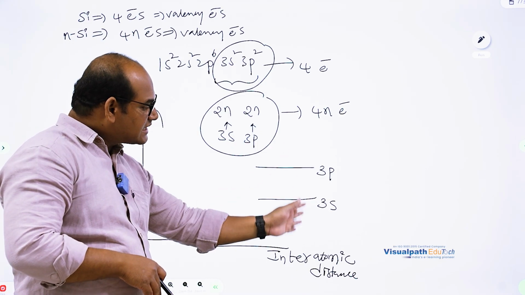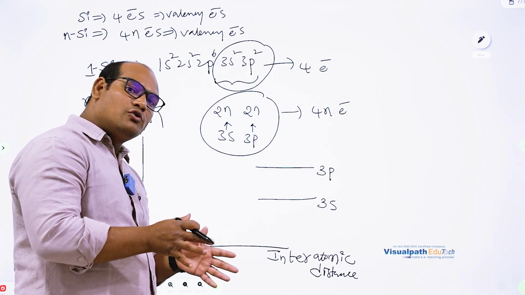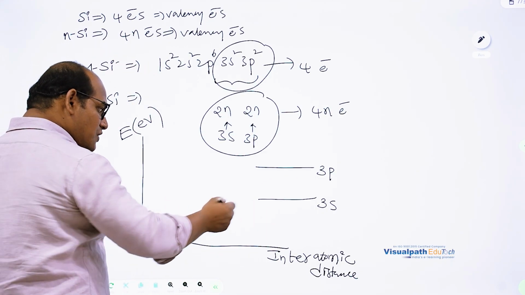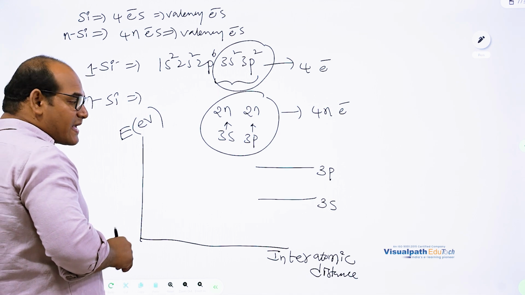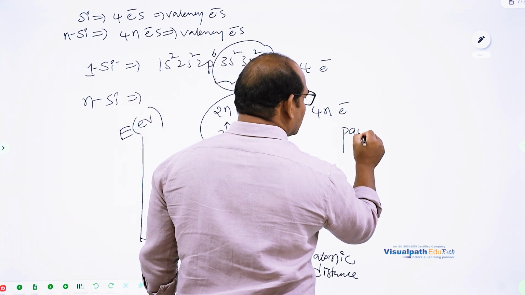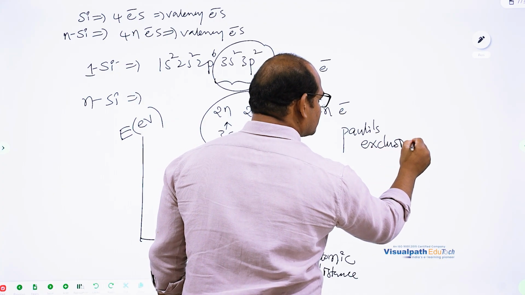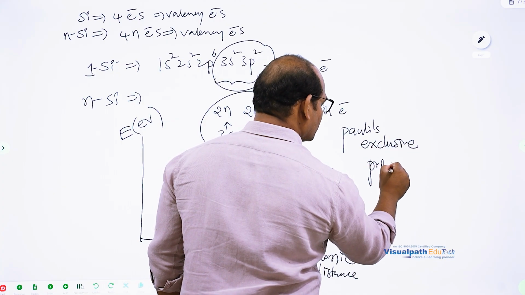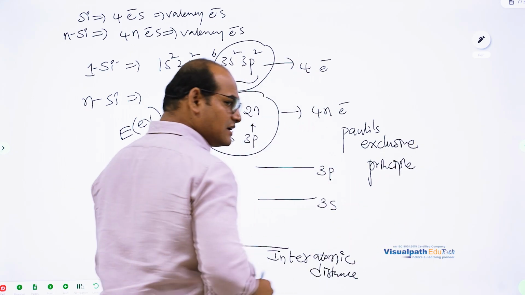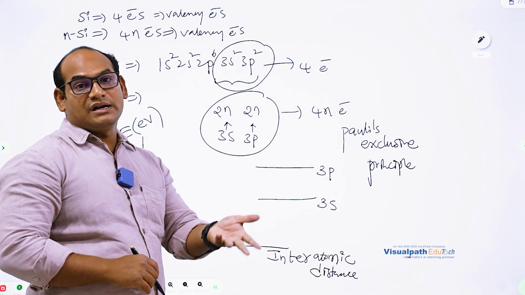When you are here, the interatomic distance is large. When you make the interatomic distance very close, then what will happen? Very close in the sense you are going to the origin. At that particular time, according to Pauli's exclusion principle, one energy level should not contain more than one electron.